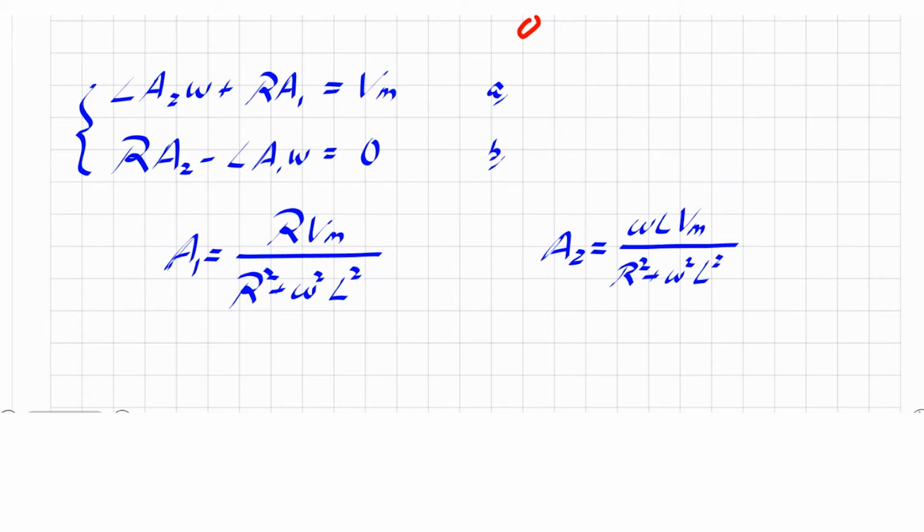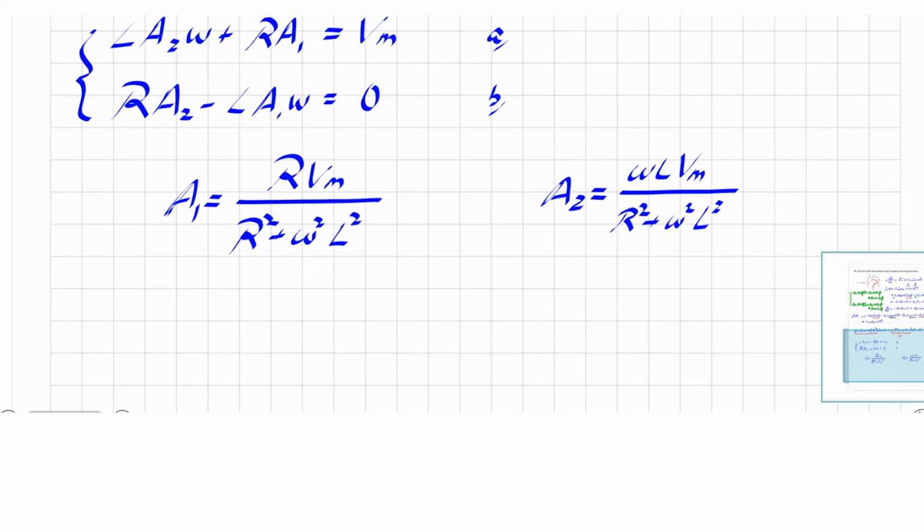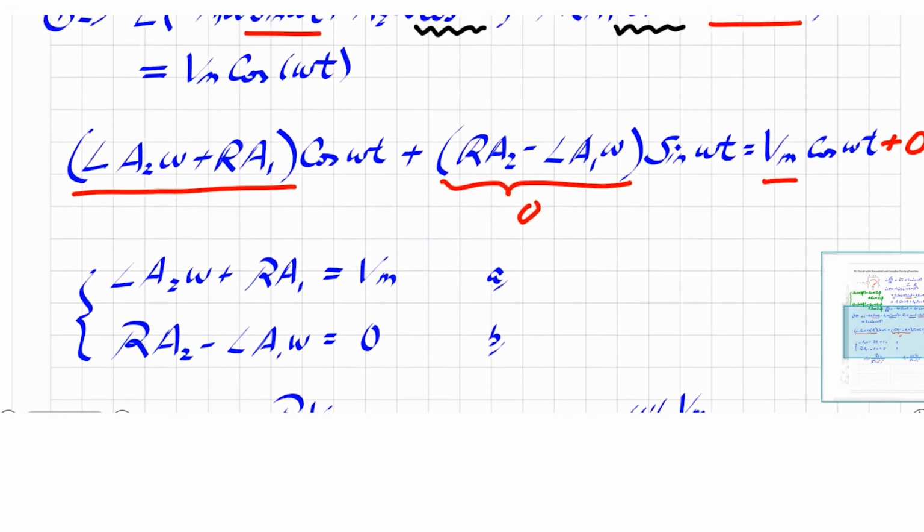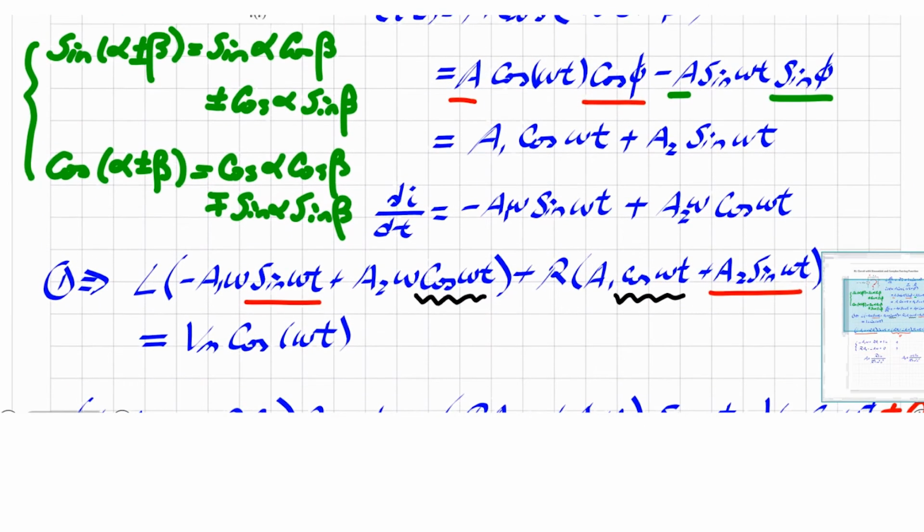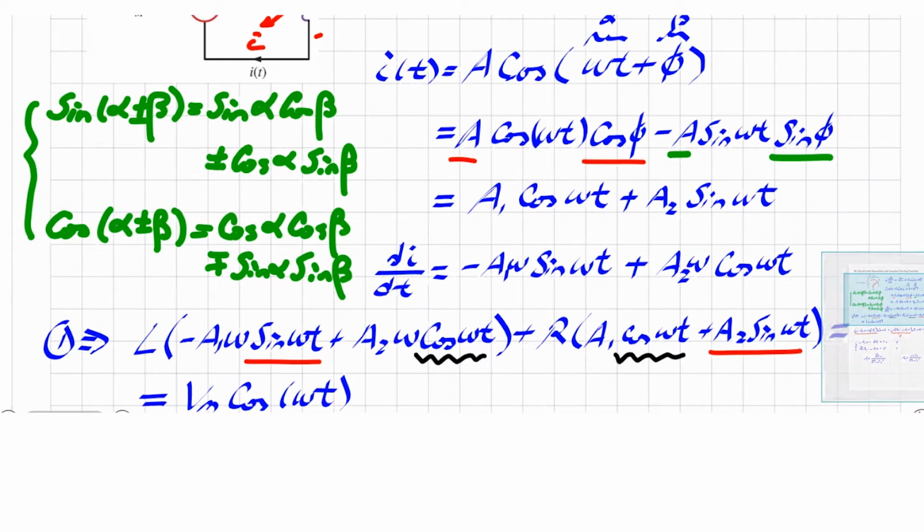Now, remember that from the differential equation before we actually got to A1 and A2, we assumed I is equal to A times cosine of omega t plus phi. And equivalently, we have that expression where we find A1 and A2. So what do we wish?